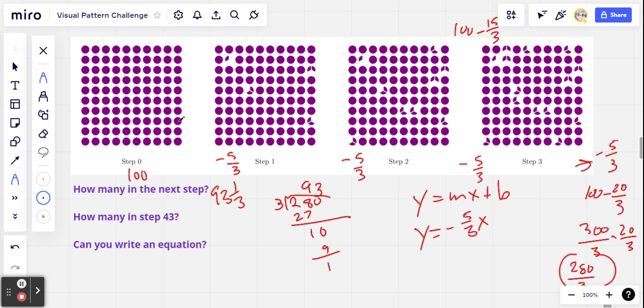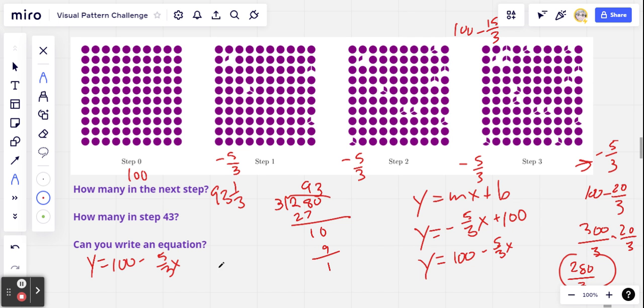So b has to be the total number in step 0, which is 100. So there you go, that's an equation we could use. It might be easier to write it like this: y equals 100 minus 5/3 x. I actually find that easier for doing the math that we have to do to figure out how many in step 43. So I'm going to leave it like that: y equals 100 minus 5/3 x.